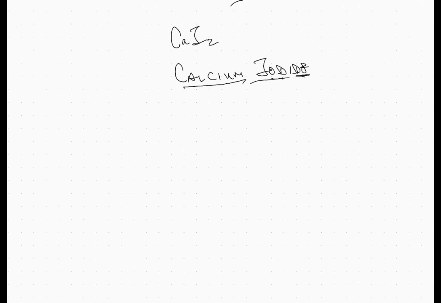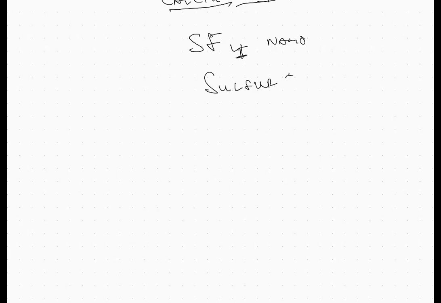The question is, what is the name of SF4? This goes to the next group, where you write the first element, sulfur. Because there are 4 fluorines, you put tetra, and the second element becomes fluoride.